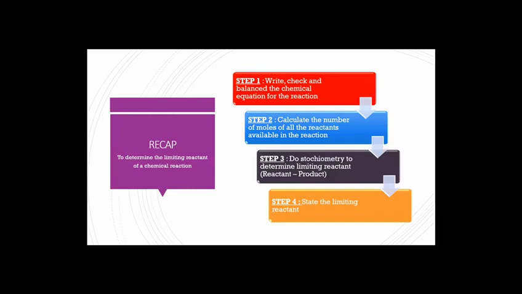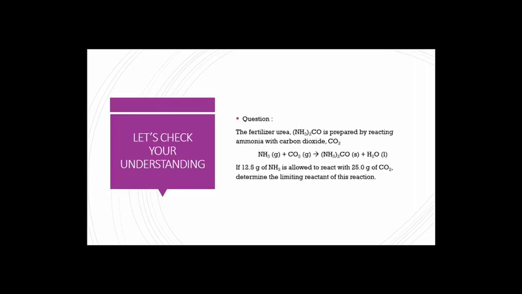Okay, I hope you already understand how to determine the limiting reactant. So now, let's challenge yourself. You are given this question and I am going to give you 15 minutes to try it.